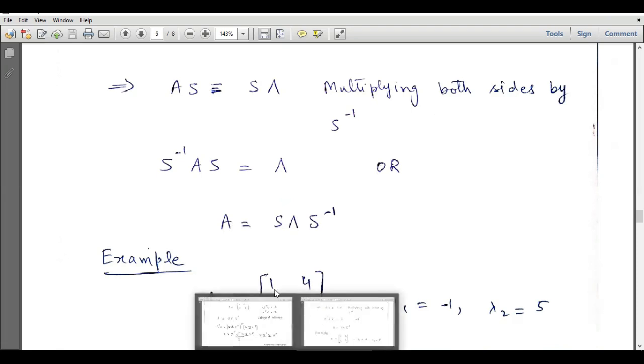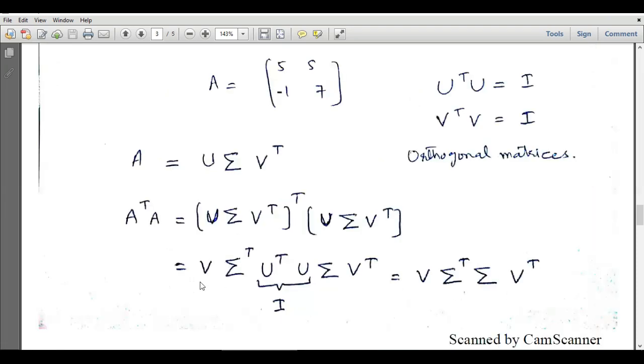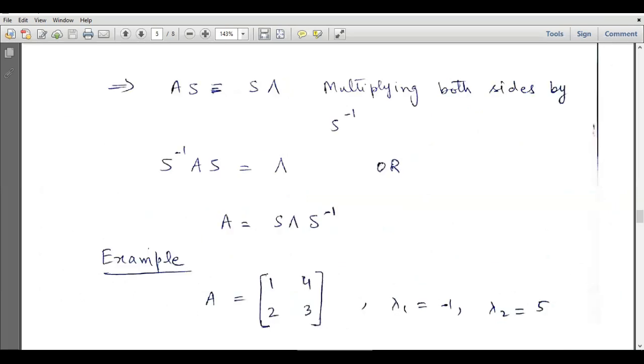Now, if we compare this equation with this equation, here A transpose A is equal to V sigma transpose sigma multiplied by V transpose. So we can say that if we evaluate the eigenvectors of A transpose A, the matrix of those eigenvectors will be our V matrix, and sigma transpose multiplied by sigma, the new matrix as a result of this product, will be our matrix of eigenvalues as we had in this example, right?